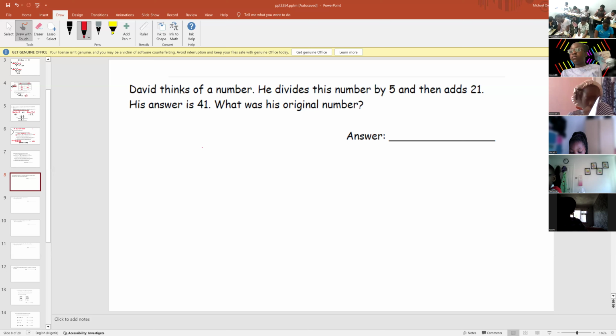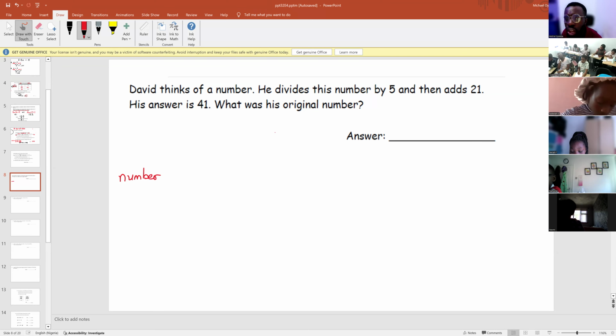David thinks of a number. He divides the number by 2.